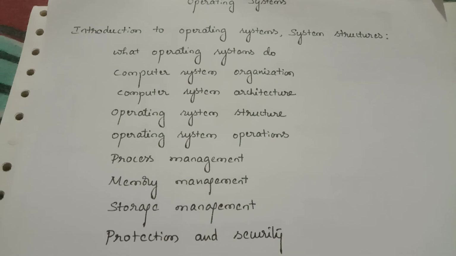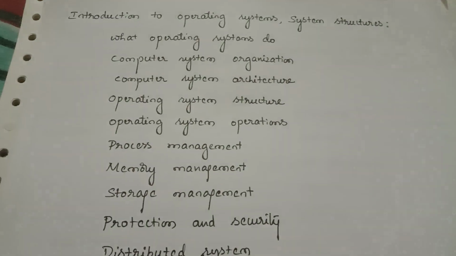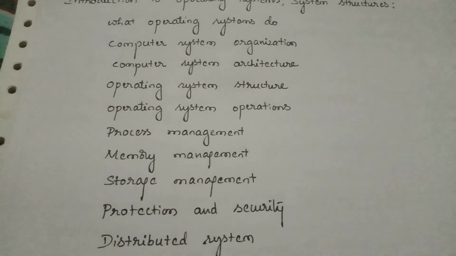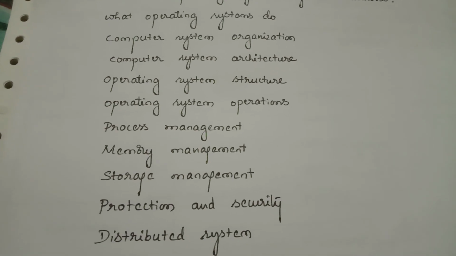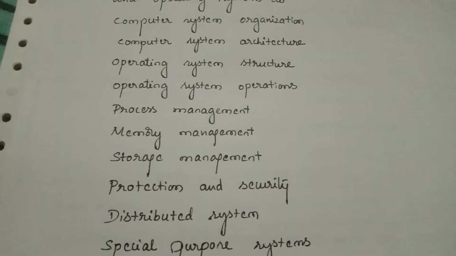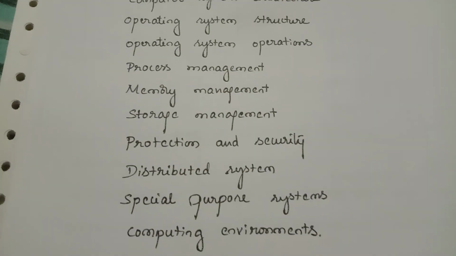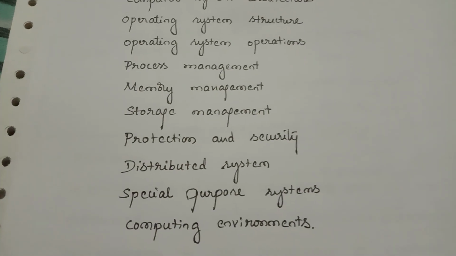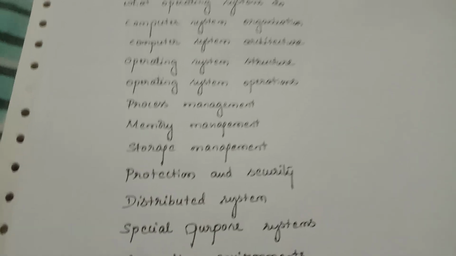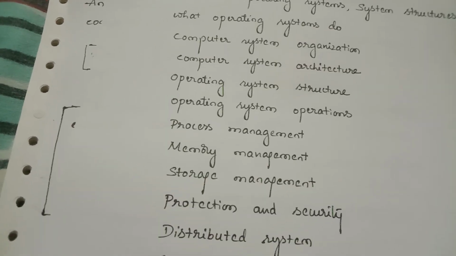The topics I'm going to cover are what operating systems do, computer system organization, computer system architecture, operating system structure, operating system operations, process management, memory management, storage management, protection and security, distributed system, special purpose systems, and computing environments. So, in this, the first topic is what operating systems do.